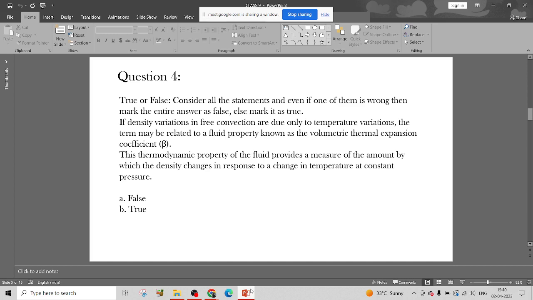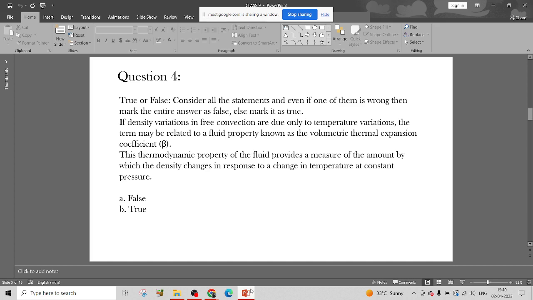Now, the volumetric thermal expansion coefficient provides a measure of the amount by which the density changes in response to a change in temperature at constant pressure.